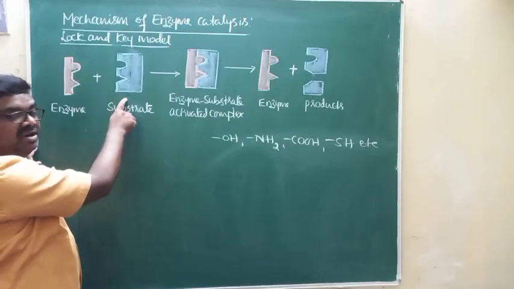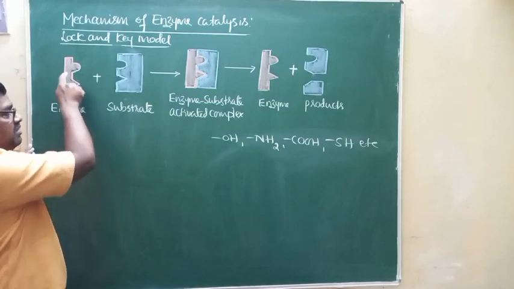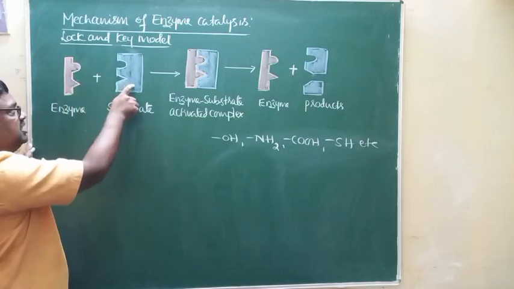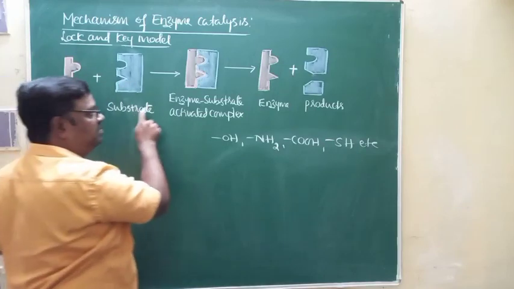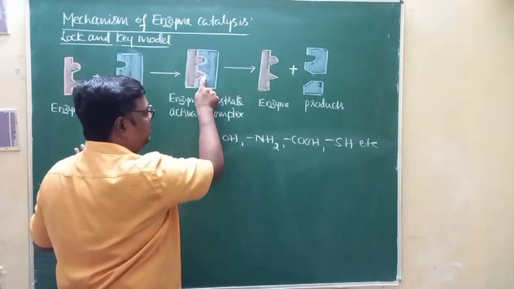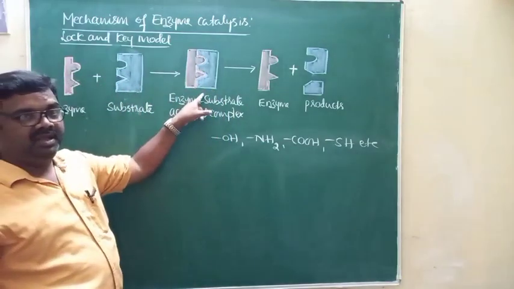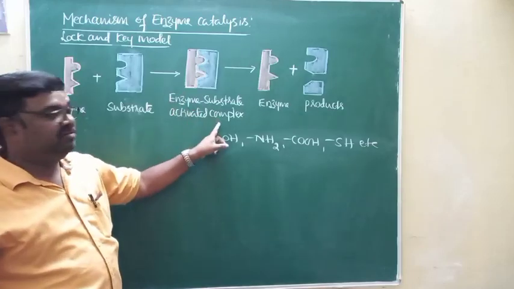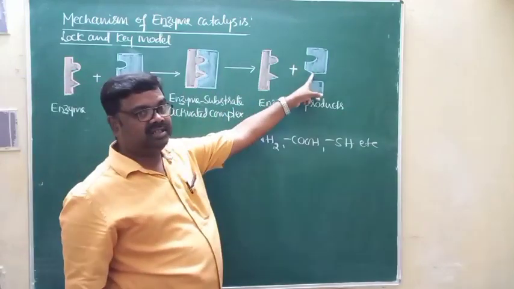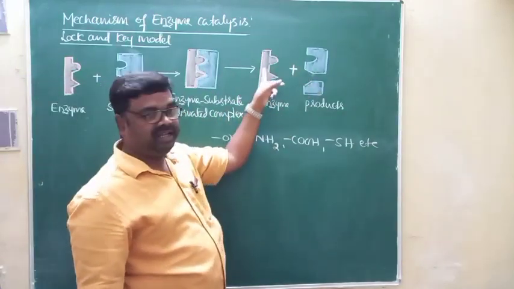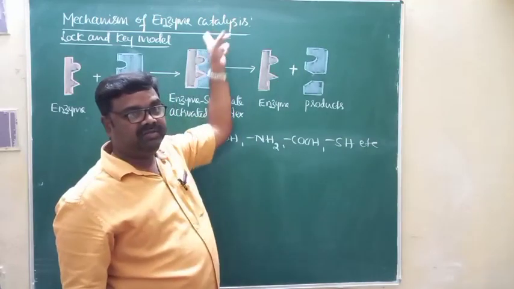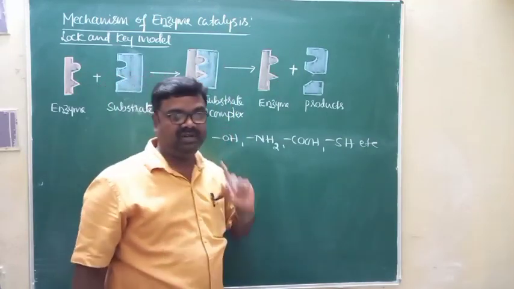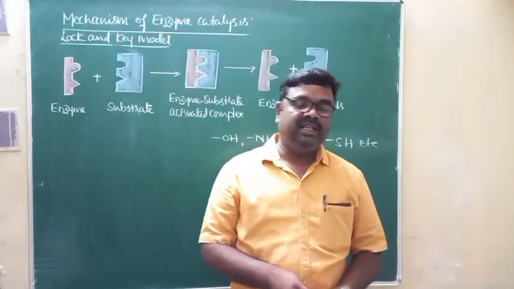Such a substrate molecule fits into the cavities of the enzyme by its reaction with active functional groups to form the enzyme substrate activated complex that I represent like this. And this activated complex decomposes to form products along with the regeneration of the enzyme that is being used in the biochemical reaction. So this is what we call the mechanism of enzyme catalysis.